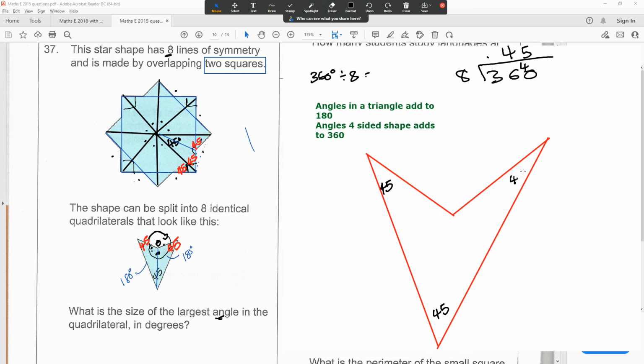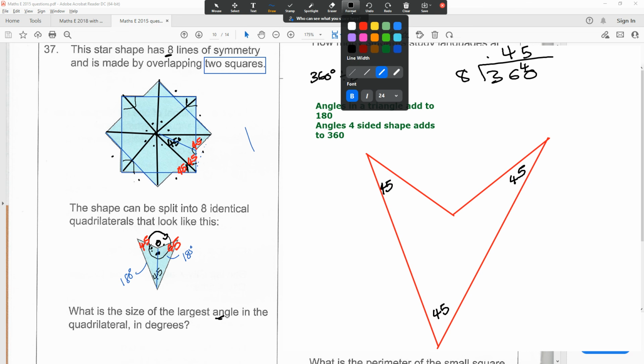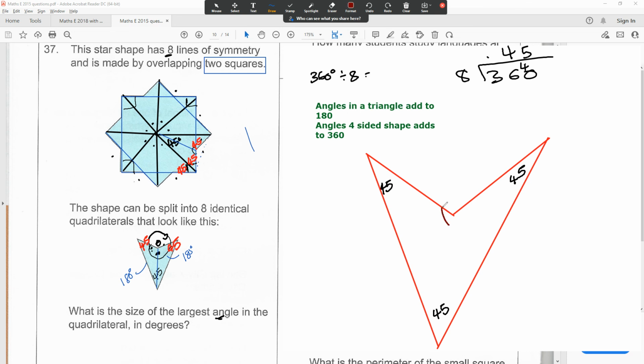So that's 45. That's 45. That's 45. So this angle is going to be the rest of the angles. So let's add it up. We're going to go 45 plus 45 plus 45 plus some missing angle equals 360 because it's a four-sided shape.